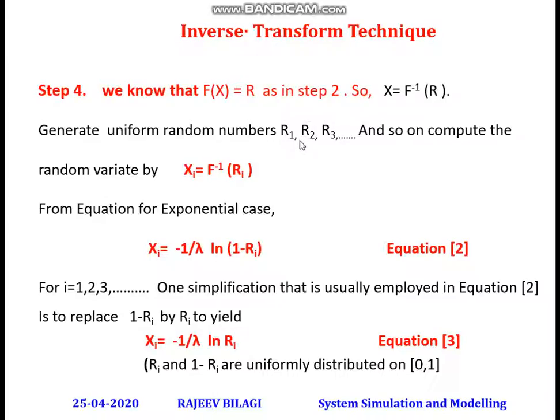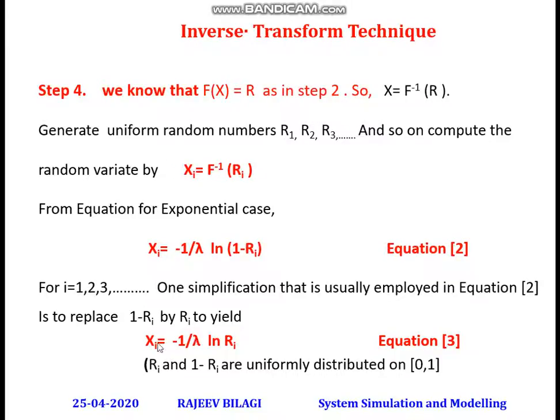If the random numbers are not given, you have to generate the random numbers using the linear congruential method, or the values will be directly given. Now in general, for all the different sets of random numbers, xi equal to F inverse of Ri. Now we know that xi equal to minus 1 by lambda ln of 1 minus Ri, which is there in the previous equation, that is equation 2.